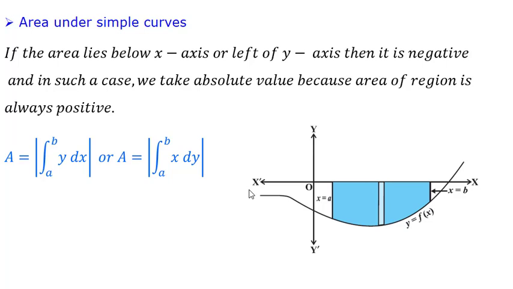Our area is the integral of y dx or x dy, depending on whether the area is below the x-axis or towards the left of the y-axis. When it is towards the left of the y-axis, our answer will also be negative, and to get the positive area we use the modulus sign.